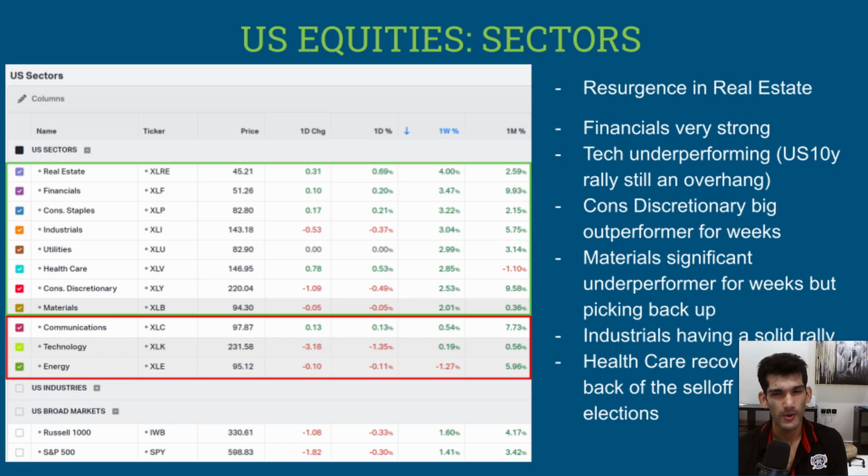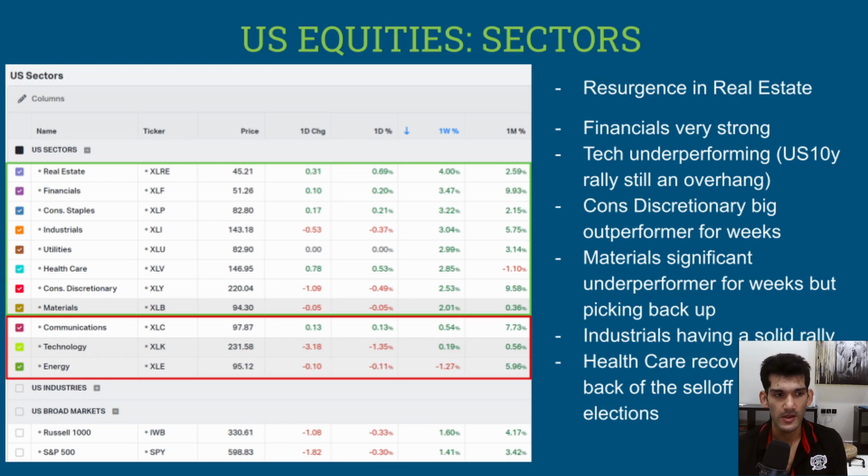So number of weeks of underperforming, and then it has one good week. And that also happens to be in a week where the market is rallying quite significantly. So we need to understand whether materials on its own as a sector is outperforming, or whether it's just drifted upwards with the rest of the market.